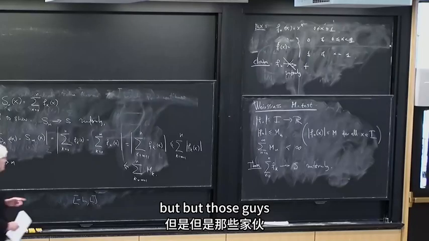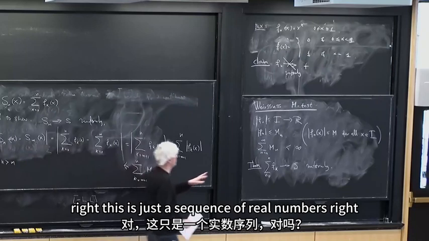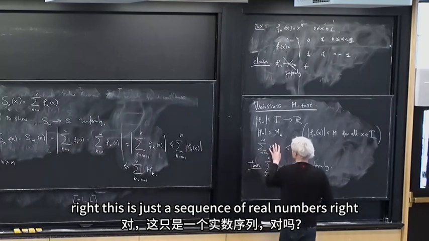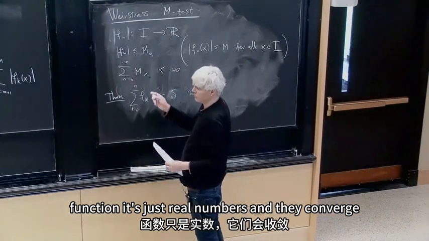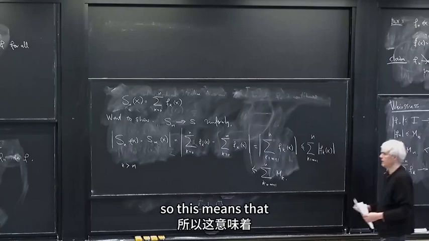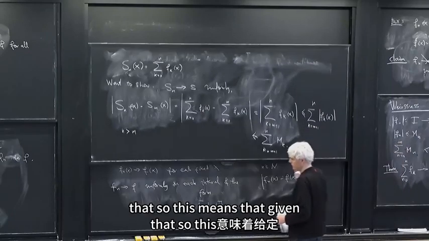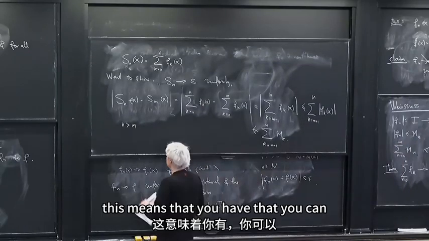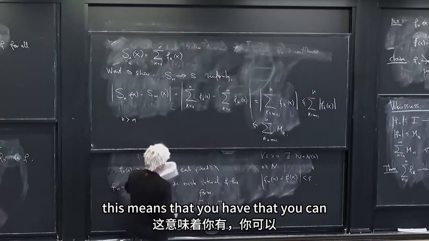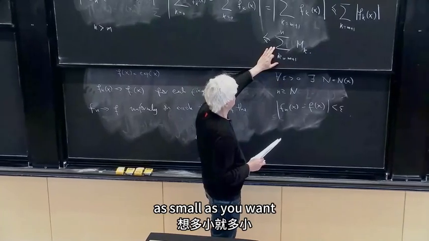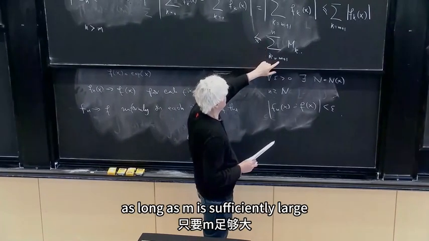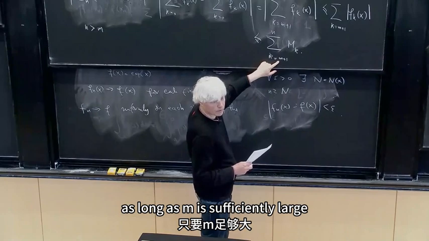But those are just a sequence of real numbers. This is not a function, it's just real numbers. And they converge. So this means that you can make this thing here as small as you want, as long as m is sufficiently large.